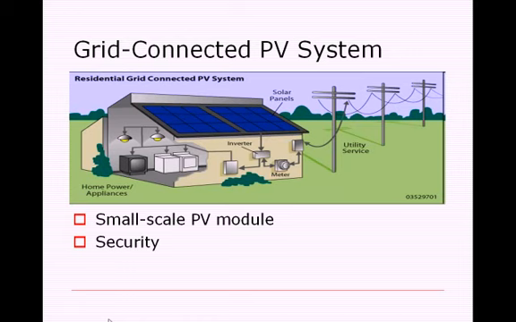Let's look at the grid-connected PV system. For application in the residential area, for instance, the rooftop solar panel is considered as small-scale PV, and it's not sufficient enough to power the entire house or building independently. So it's necessary to connect it to the utility service network as an alternative energy source and backup.